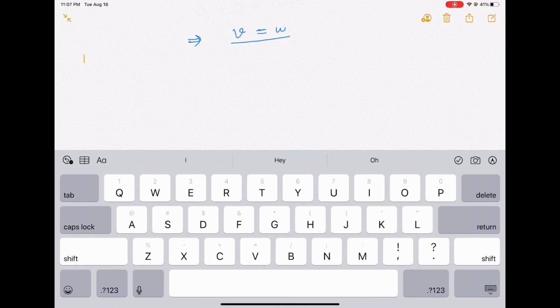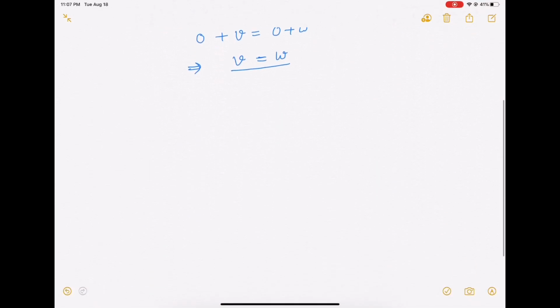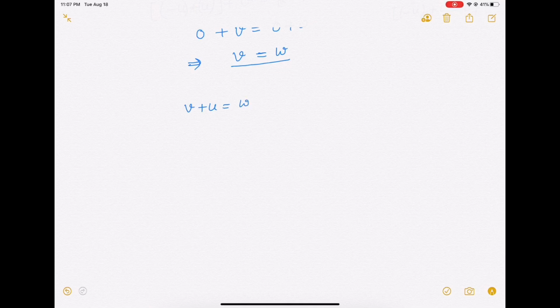Next, in the similar manner, we may use another law, that is v plus u equal to w plus u implies v equal to w.